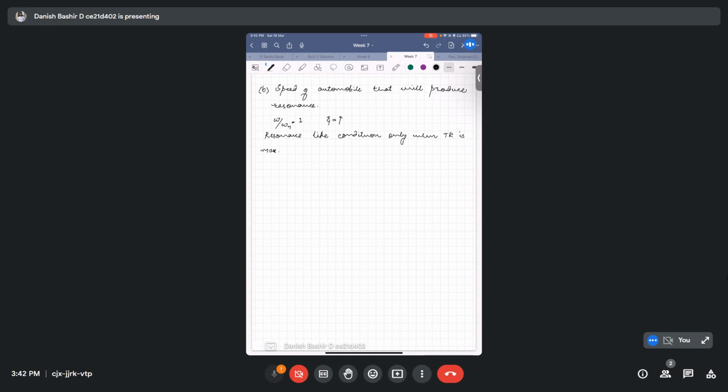For that case, the transmissibility ratio TR squared is equal to 1 plus (2 theta phi) whole squared, divided by (1 minus phi squared) whole squared plus (2 theta phi) whole squared, which should be maximum.